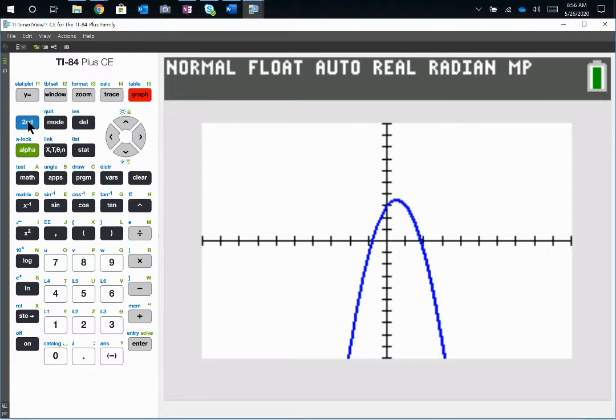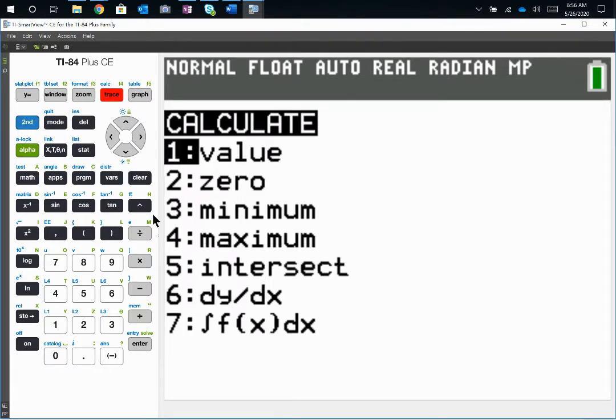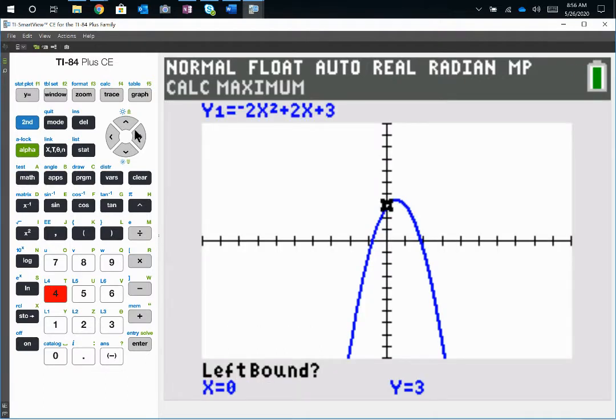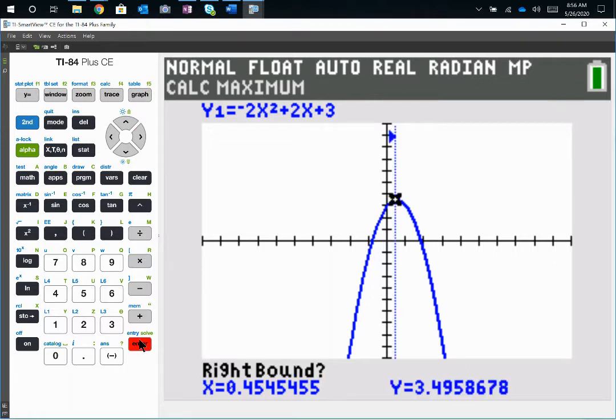And again, if you're not sure what it is, you can ask the calculator. Second, calculate maximum, number 4. Go slightly to the left of that vertex. Press enter. Then go slightly to the right of the vertex and press enter.